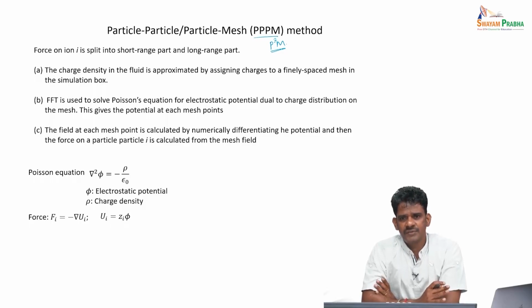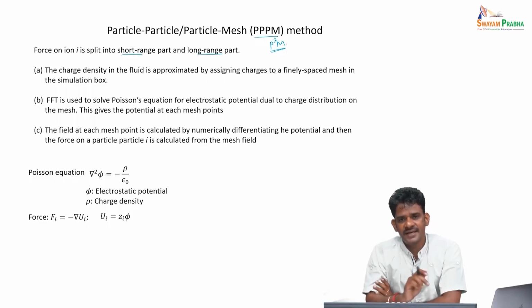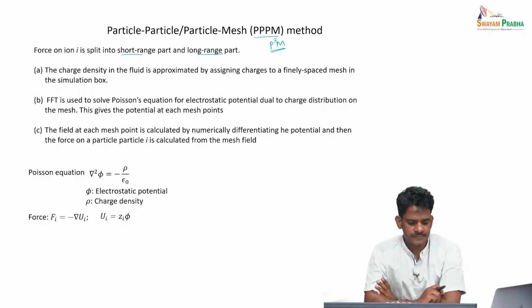The commonality between P3M and Ewald summation is that even in this case, the energy or the force on ion i is split into two parts. One is the short range and the other one is the long range part. This is exactly what we did in Ewald summation also.